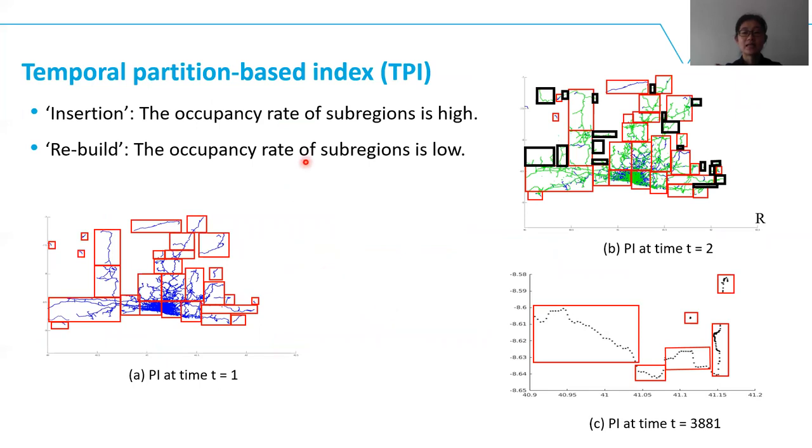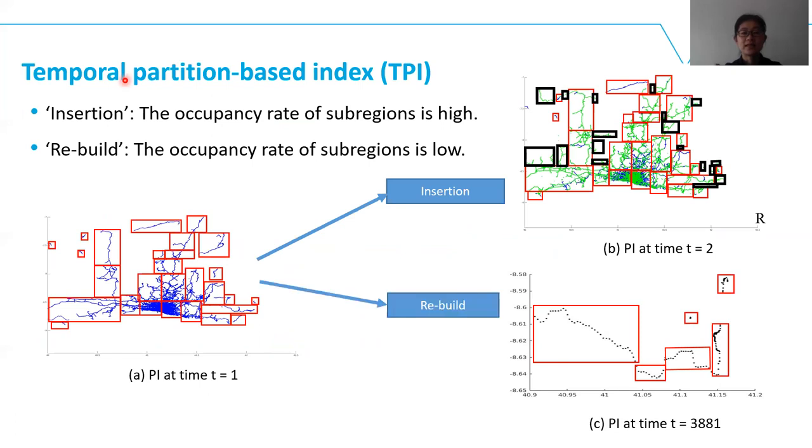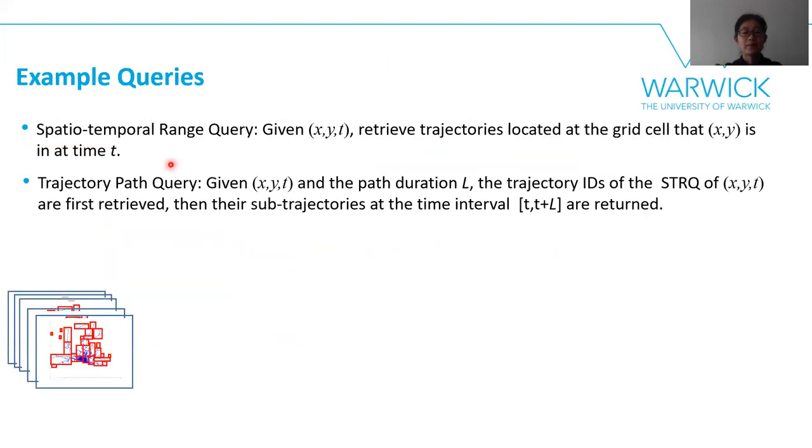So far, we built the quantization-based summary. At the last stage, we built a temporal partition-based index, and the paper has the details on how we incrementally maintain this index. Here are some example queries that we execute on our quantized summary. One is the spatial-temporal range query, which retrieves the trajectories that travel around a certain location at a given time.